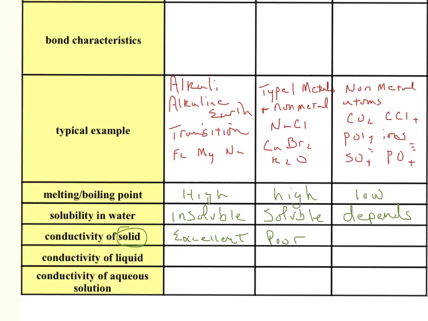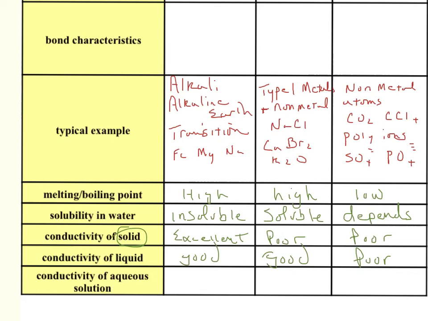Covalent is usually poor also. But if we put a metal in a liquid state, if we melt it, guess what? This is still very good. Ionic compounds, if you can melt them, are also good conductors, but not so much for covalent.